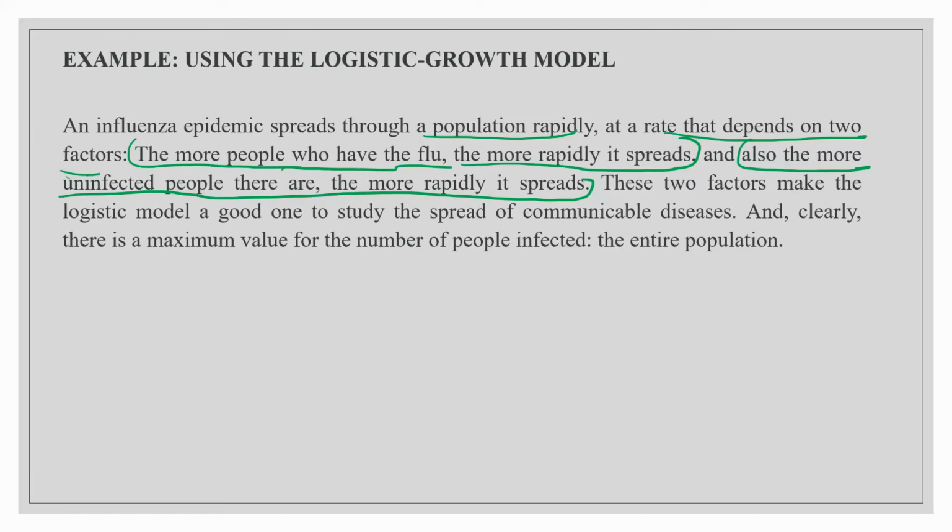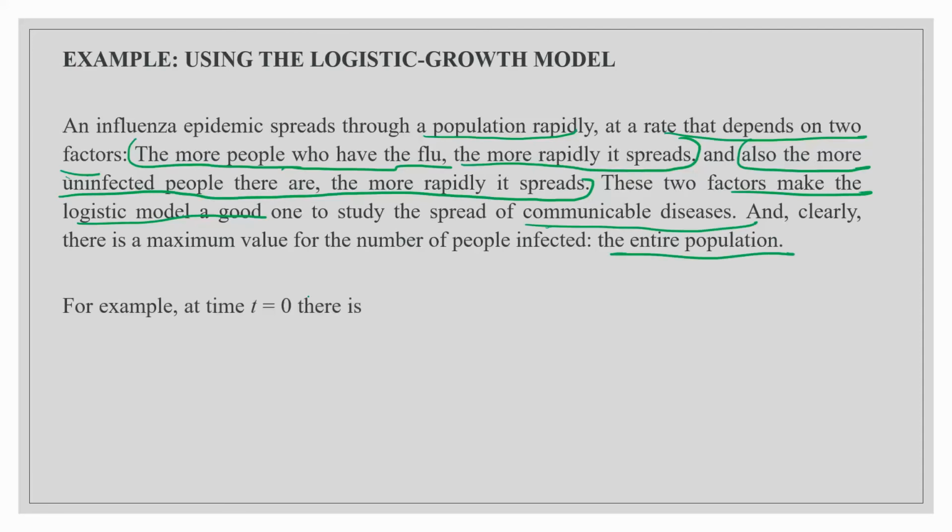So if we look at these two conditions, we can see that the logistic model is a good one to study the spread of communicable diseases, and clearly the maximum value of the number of infected people will be the entire population.